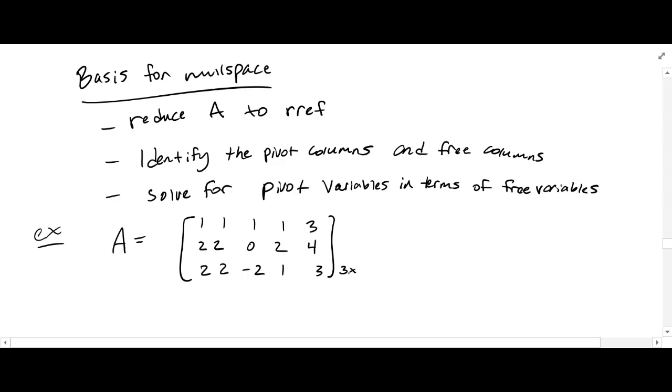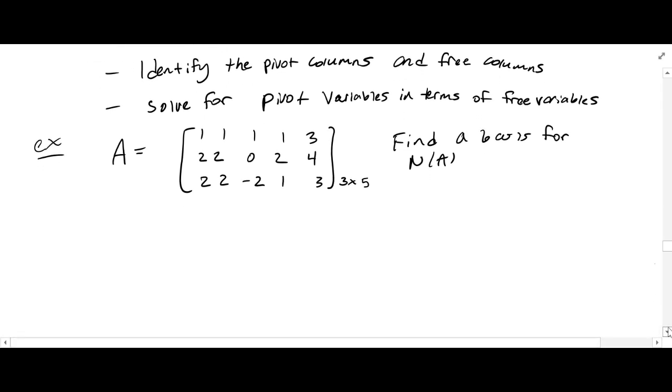We want to find a basis for the null space of A. The null space of A is the set of vectors so that A times X equals 0, so we're basically solving AX equals 0. We'll take A and augment it with the 0 vector, and we'll convert A to reduced row echelon form.